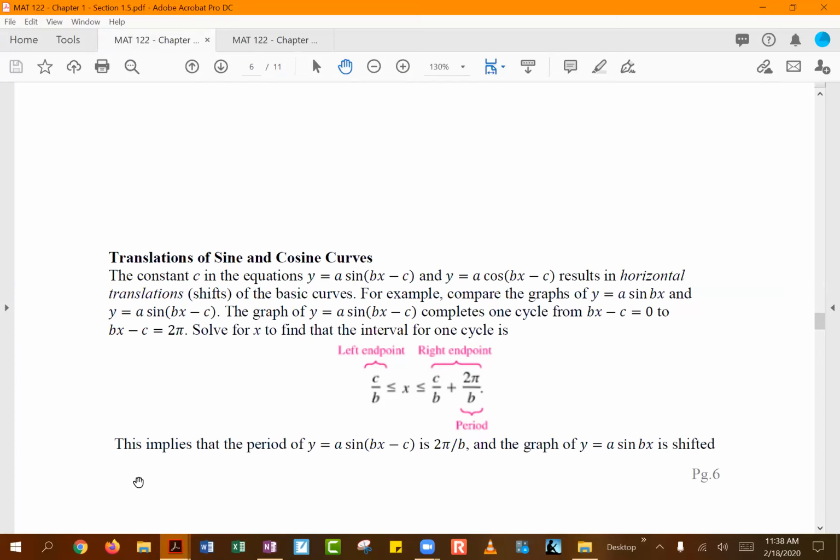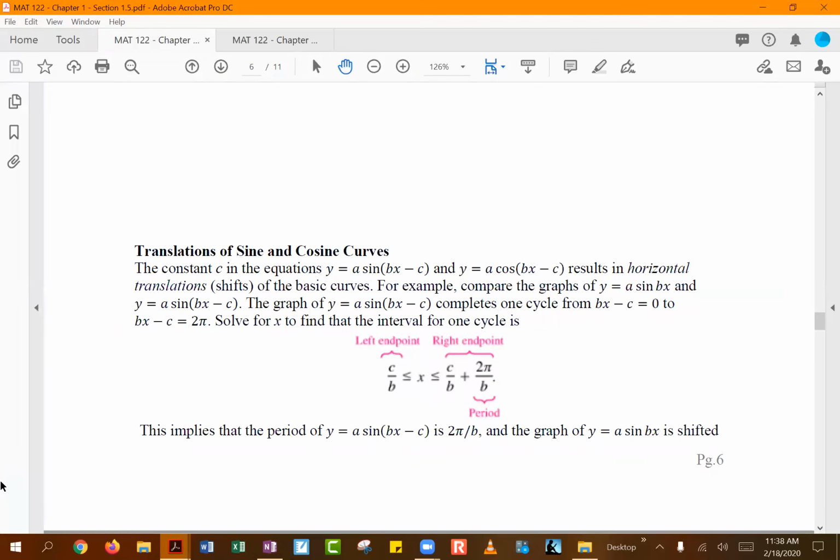So they're saying, okay, if we compare our graphs with just a, y equals a times sine of bx, and what happens when you compare that with y equals a times sine of bx minus c.